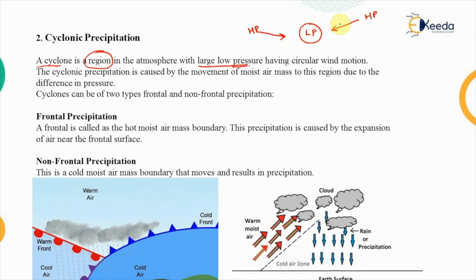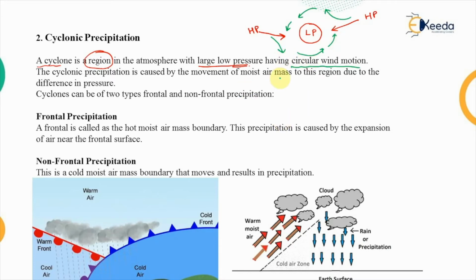Now what that force does is circulate these winds which are approaching the low pressure region. These winds flowing from high pressure to low pressure circulate around the low pressure region in the form of a cyclone, and the region encompassed by this circular wind motion is known as the cyclone.